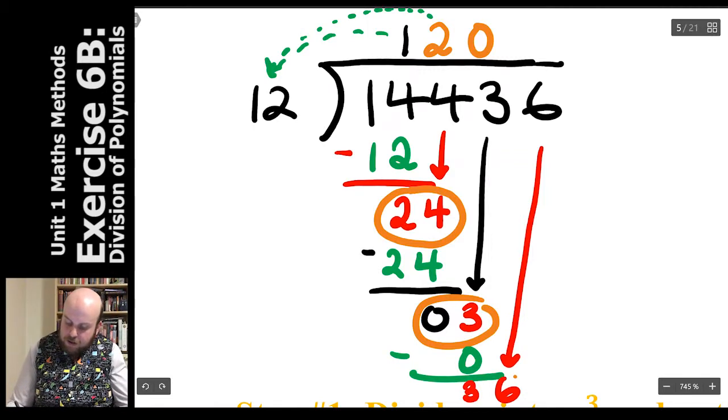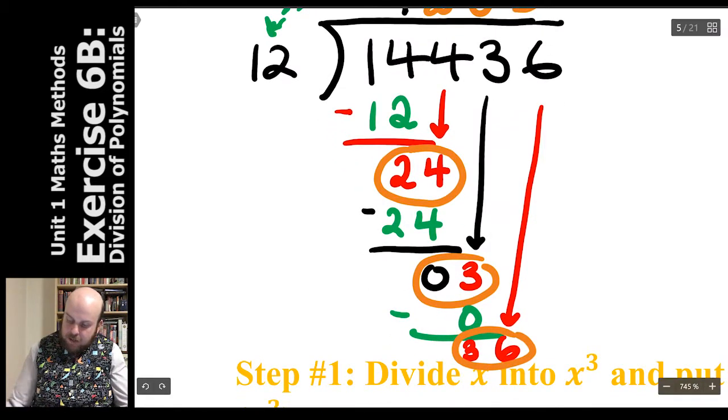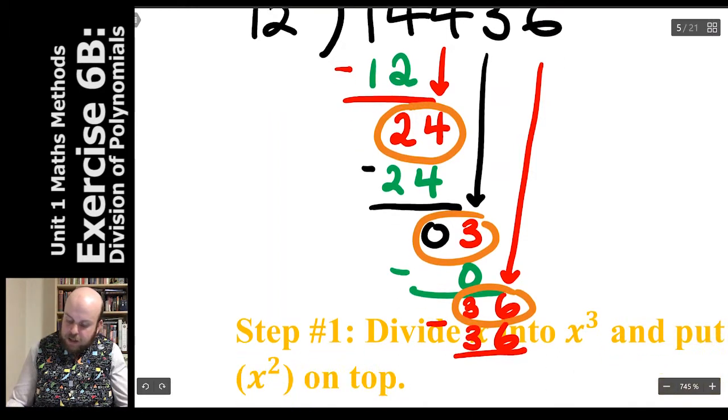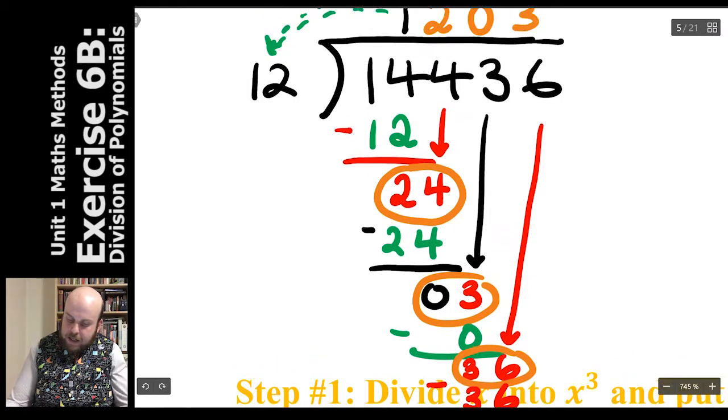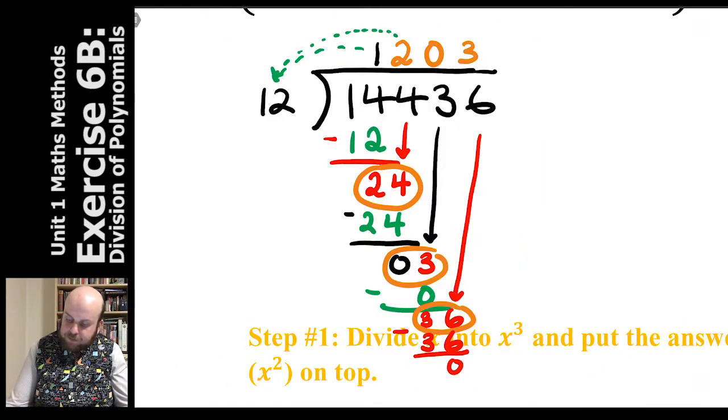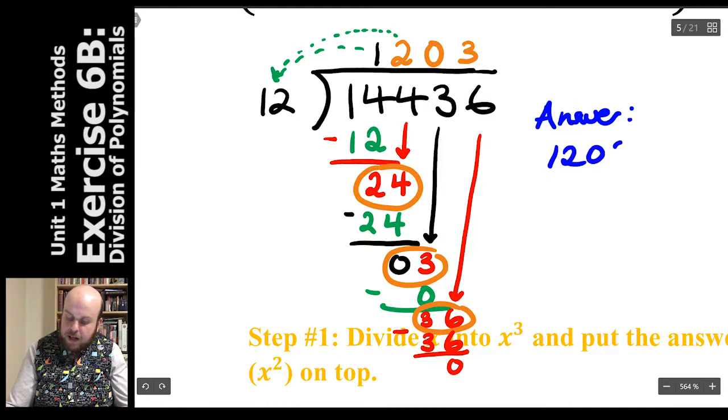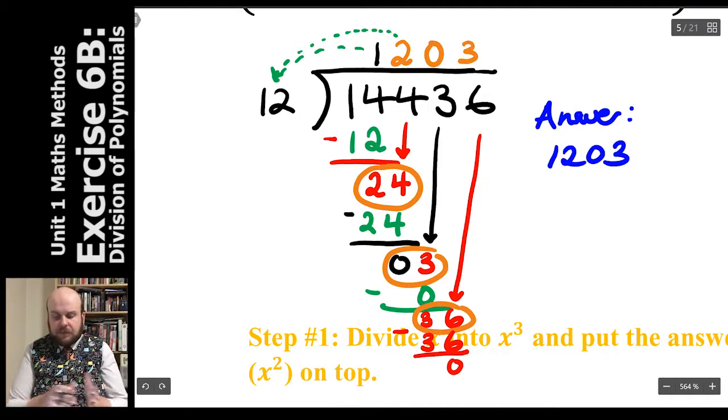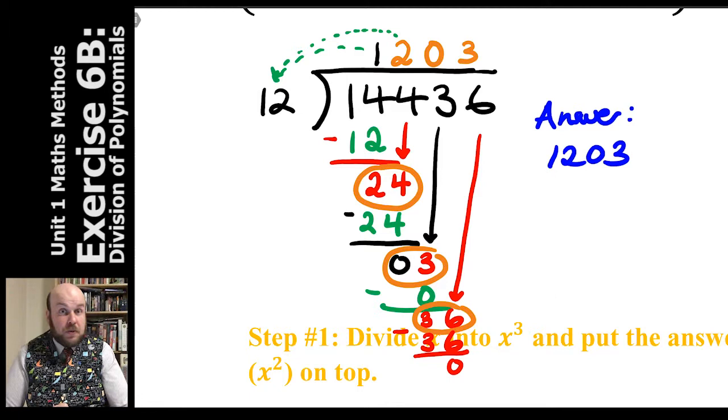And then I'll divide 36 by 12. Well, that's going to get me 3. So 3 times 12 gets me 36, minus those, and I get 0 remainder. So my answer is 1,203.